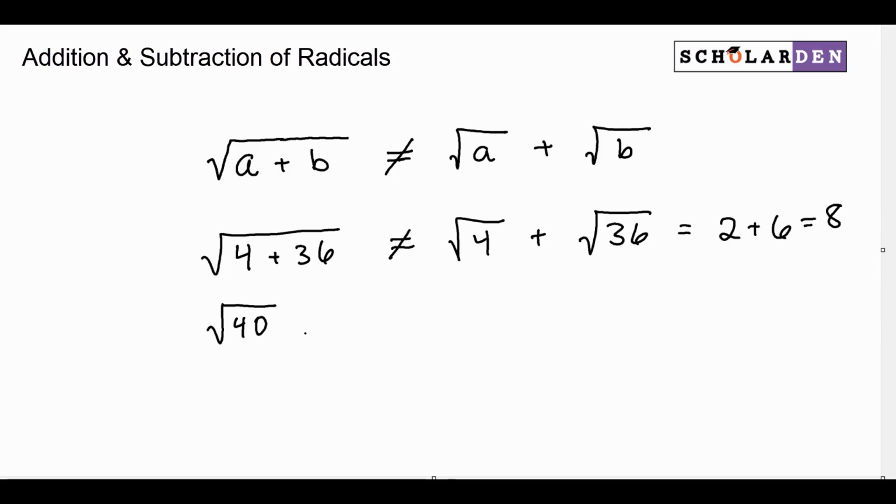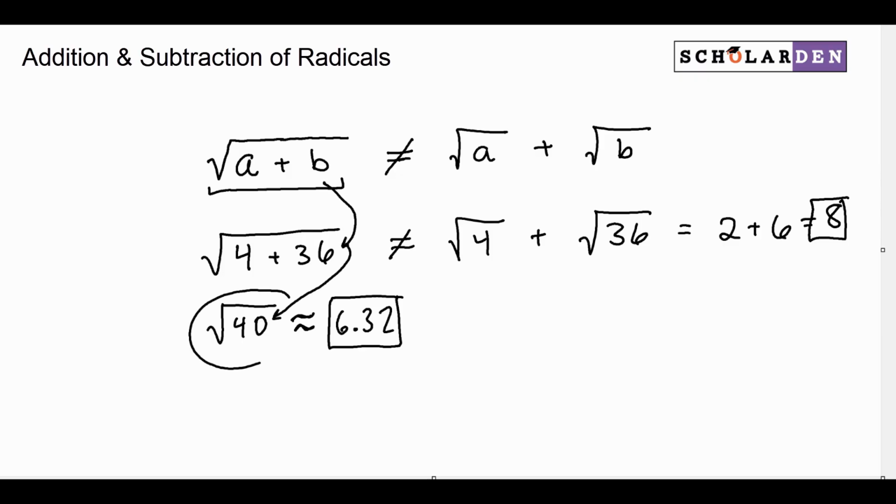And if we did that on our calculator, we would find that it's equal to about 6.32. The decimal goes on forever. I just rounded that. That's what the squiggly equal sign means. It means about equal to. So clearly 6.32 is not 8. So don't try to add things separately when they're under a radical or a root. You've got to add them first, and then you can take the square root.